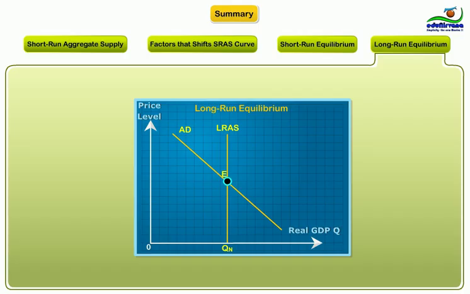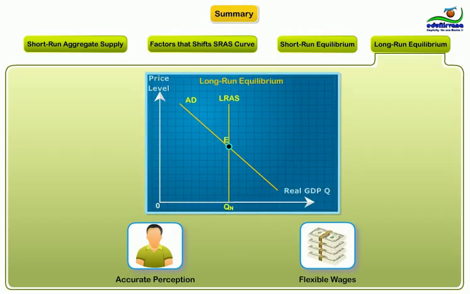Then the long-run equilibrium was discussed, wherein it was assumed that it is governed by the long-run supply equilibrium. It was discussed that in the long run, all the factors that affect the SRAS, sticky wages and worker misperceptions, get ironed out automatically, and then the economy is said to be in the long run. In other words, in the long run, these two conditions do not hold.